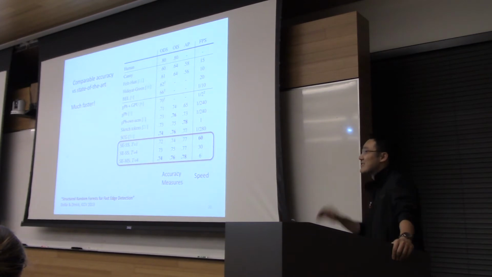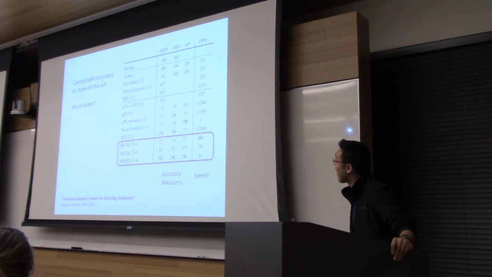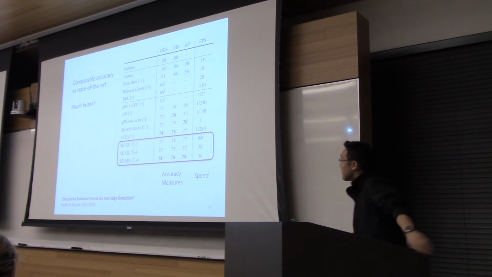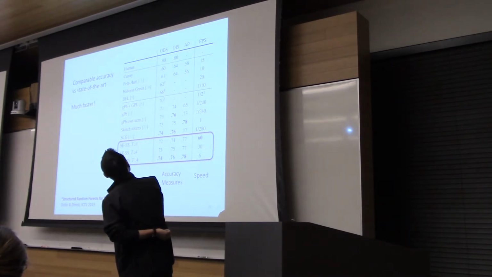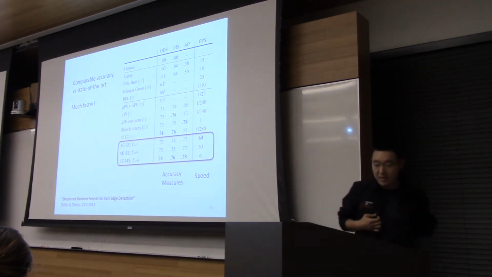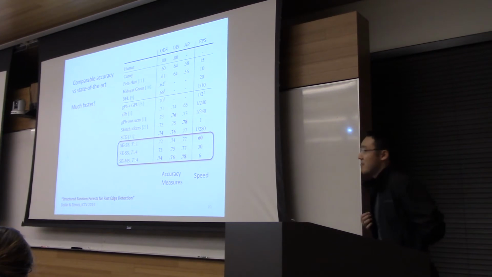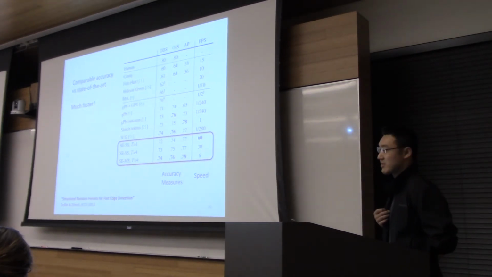Yes. I was wondering, are the state-of-the-art methods that they're comparing to not machine learning based methods? Some of them are. Some of them are probably based on integer programming and dynamic programming, various flavors of optimization problems.